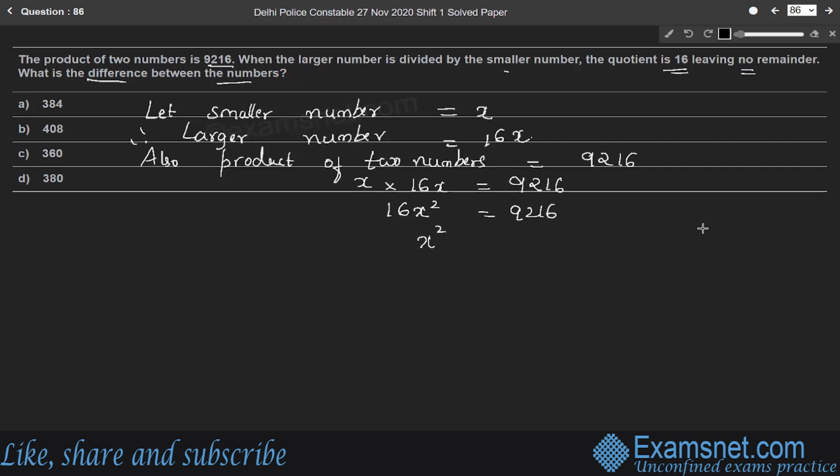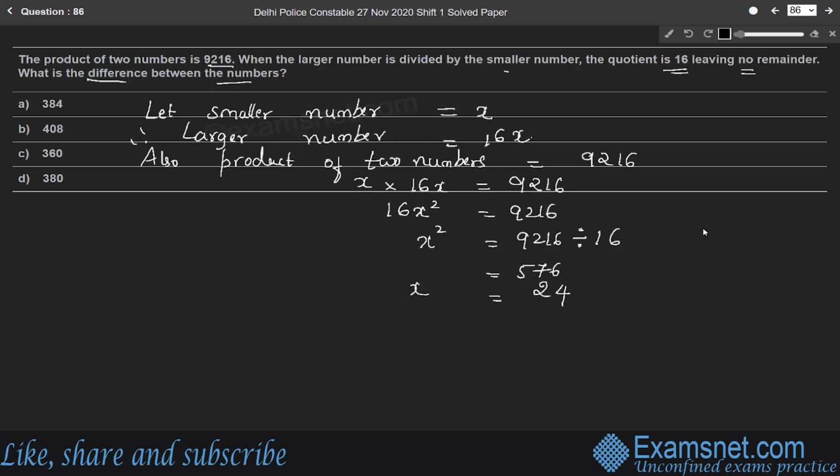Therefore, x square is 9216 divided by 16. So we'll get 576. Therefore, x is square root of 576, which is plus or minus 24. Right? So x is 24.